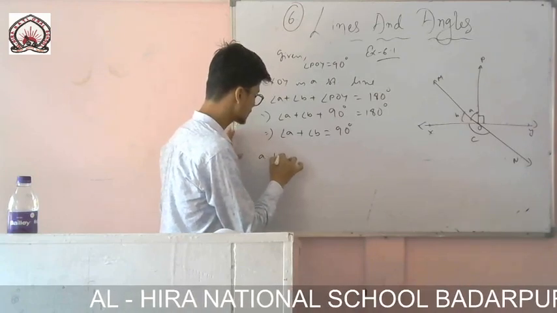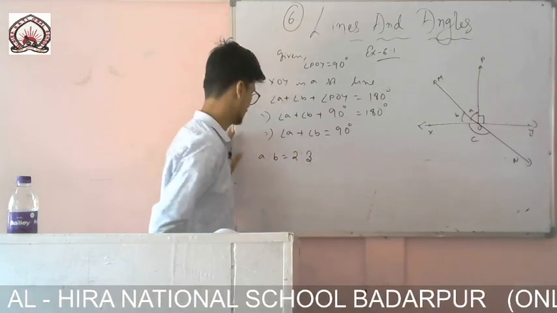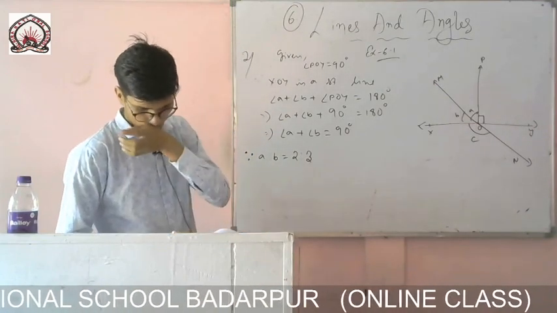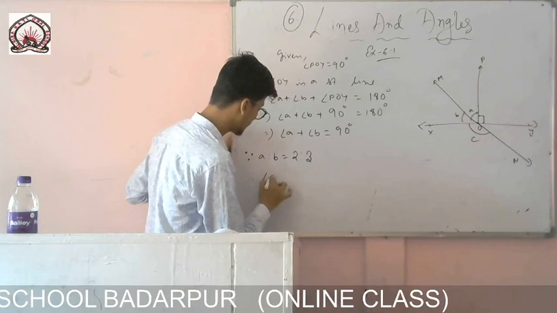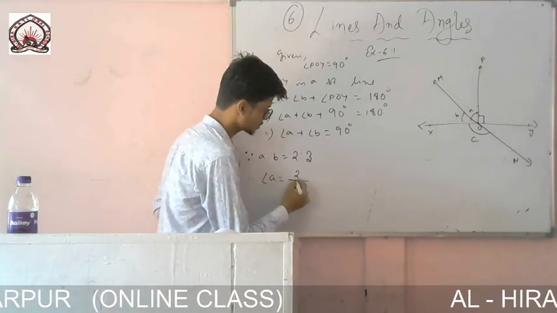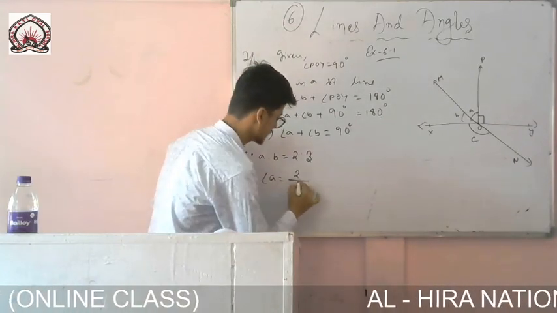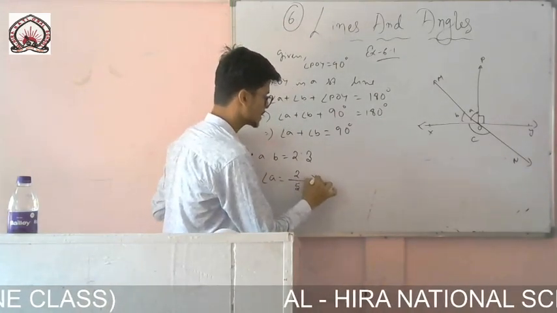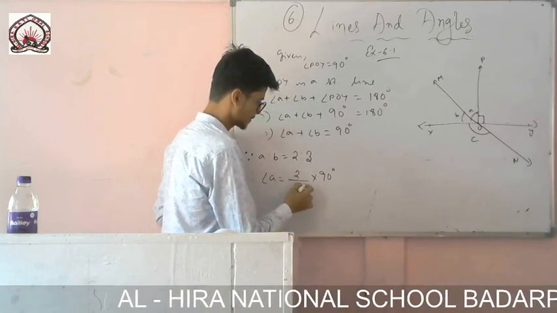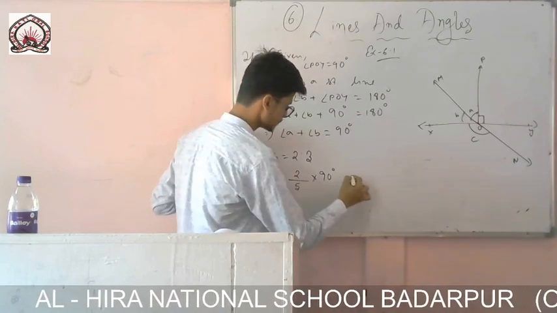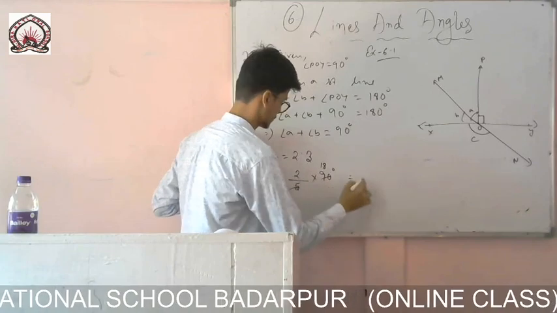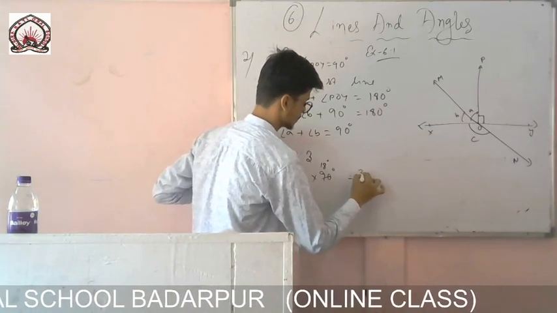Since A is to B is given 2 is to 3, if I want to find angle A, what I have said, that particular this one divided by the sum of the ratio, that means 2 plus 3, that is 5, into the measure of this whole angle, it is 90 degrees. So if I cancel, it will be 36 degrees.